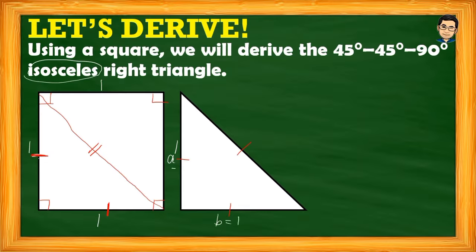So, then A is equal to 1. And then, what is C? The hypotenuse. Okay, so dito, A squared plus B squared is equal to C squared. So consider that A is equal to B, di ba? Okay, A is equal to B is equal to 1. So ibig sabihin, parehong 1 ang ating isa-substitute.